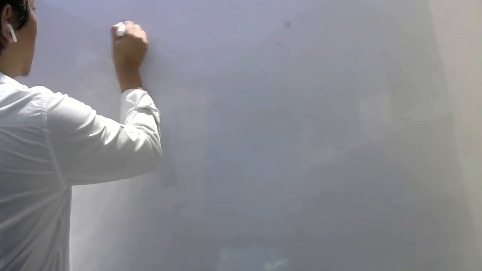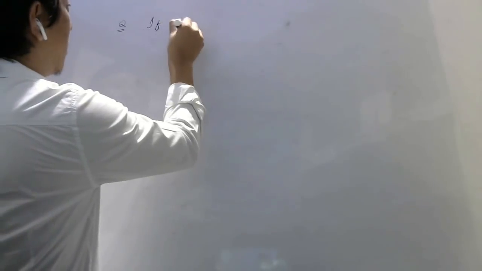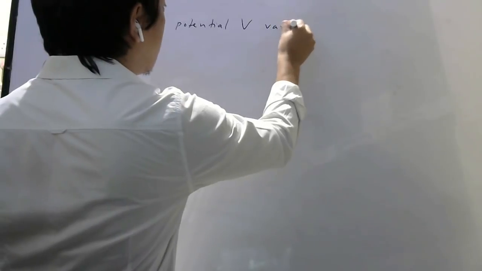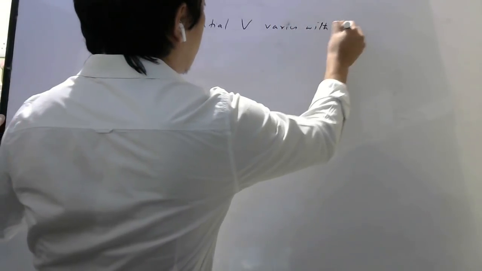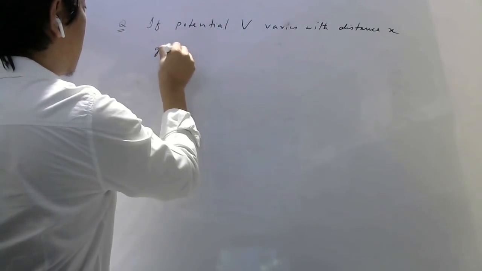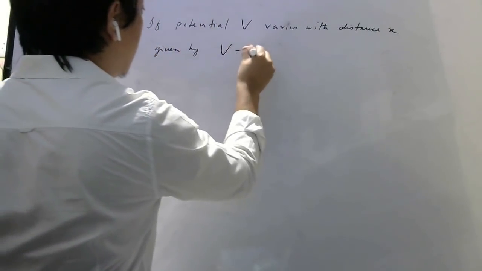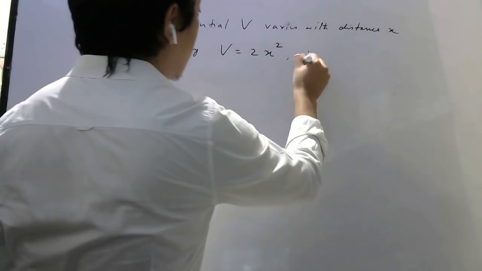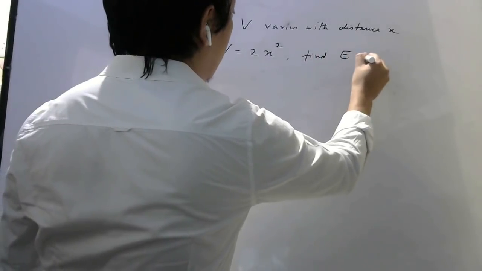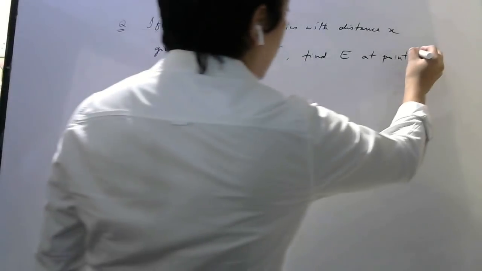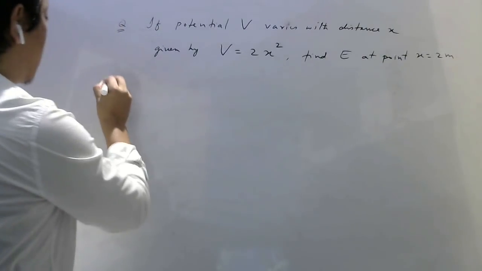So suppose I ask you a question: if potential V varies with distance x given by some formula, let's say V equal to 2x square, then find electric field at point x equals 2 meters. See, electric field is always found at a point. So how will you answer this question?